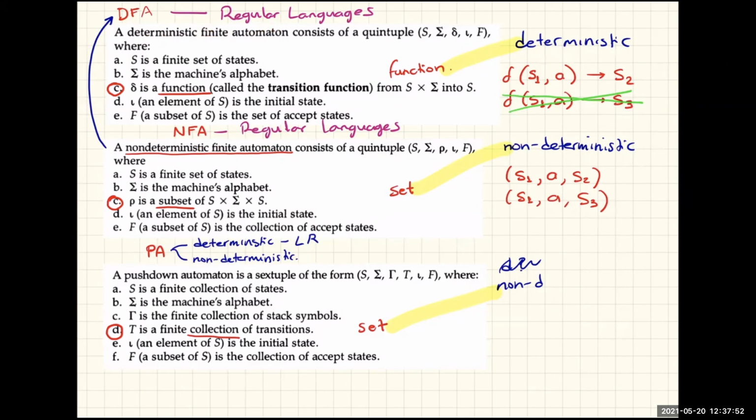And then you can say that a push-down automaton you cannot always convert into a deterministic automaton, and therefore the languages they recognize, which are context-free languages, are inherently non-deterministic.